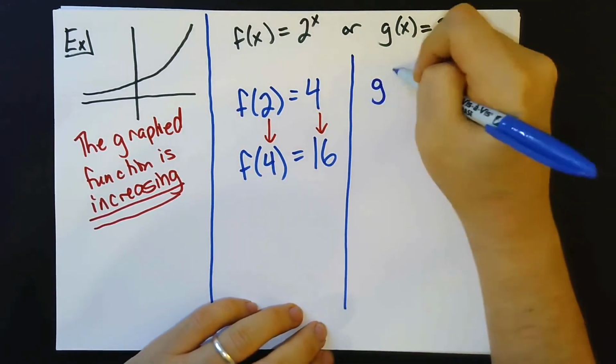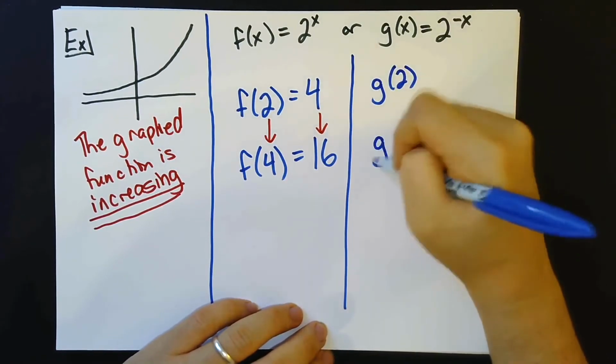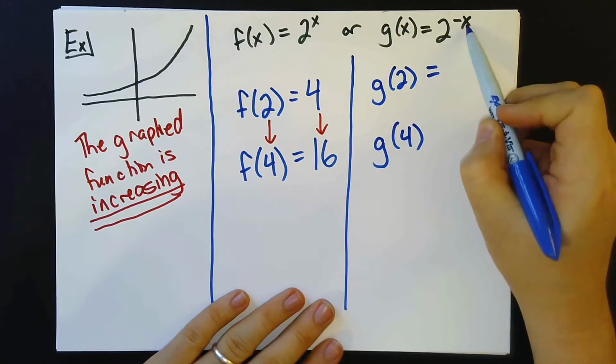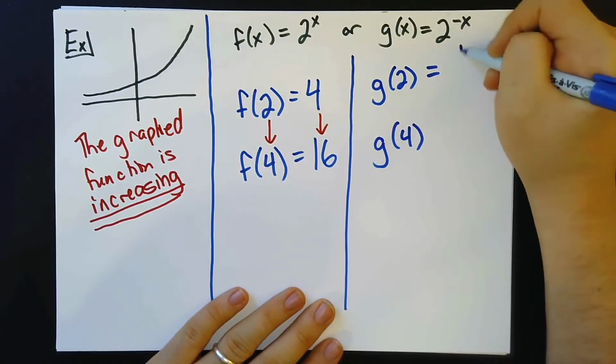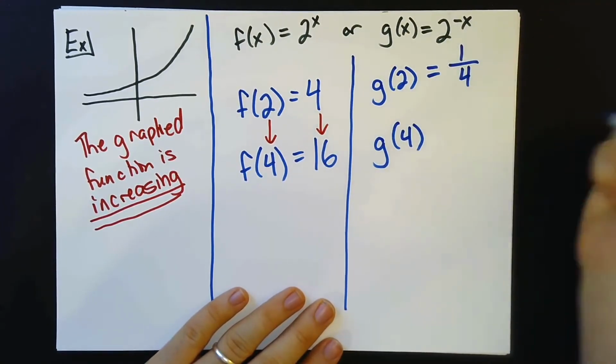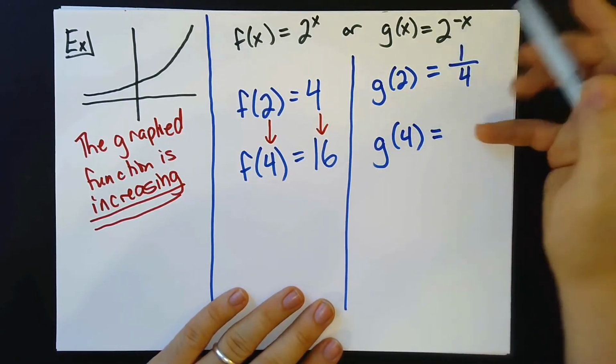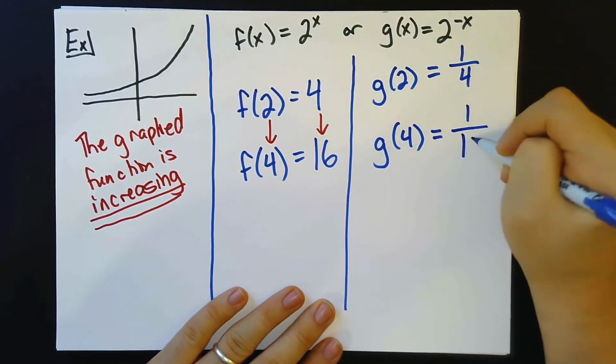Now I can do exactly the same thing, g of 2, g of 4. Okay, g of 2 is 2 to the minus 2, so it is 1/4. g of 4 is 2 to the minus 4th, so it is 1/16.